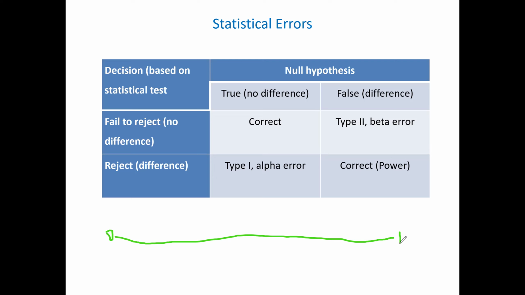So I want to ask a question. If the p-value is 1, what does that mean to type 1 error? The probability of committing type 1 error is the p-value.